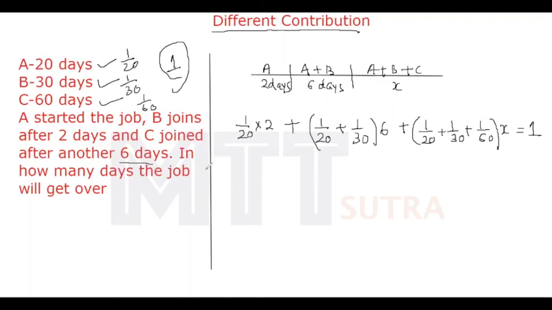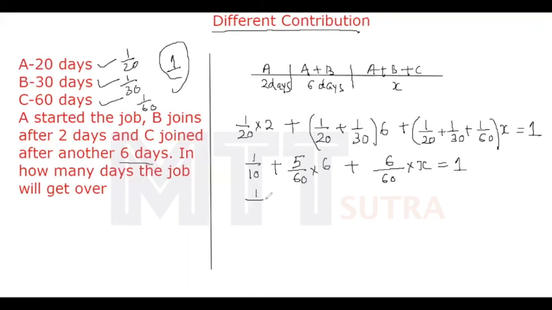Now the thing is just to solve the equation. 1 by 10 plus this is 20, 60. If I take LCM, that is 5 by 60 into 6 plus, if I take LCM as 60, it is 3 plus 2 plus 1, that is 6 by 60 into X equals to 1.